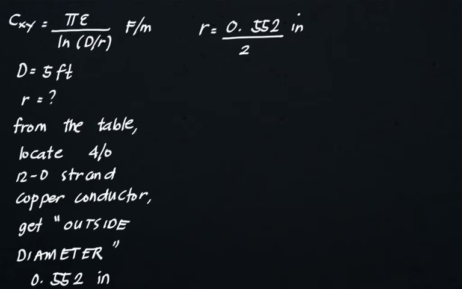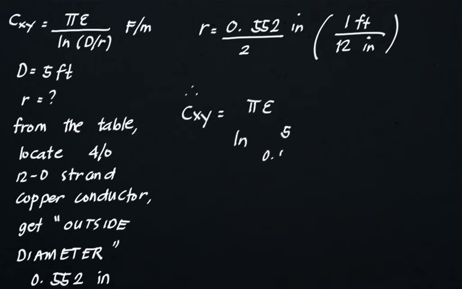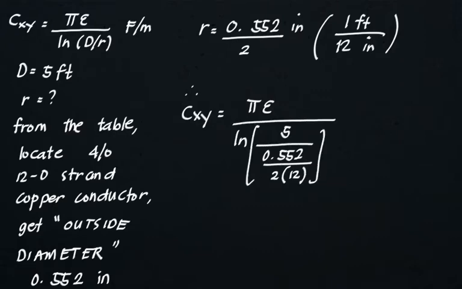And also, since this is in inches and our spacing is in feet, we have to convert from inches to feet. Therefore, your line-to-line capacitance is simply plugging in all those values, and then multiplied by 1,609. That is to convert the meter to mile.